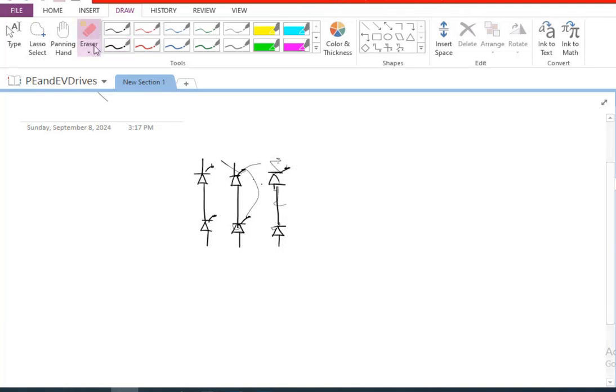This is going to be the SCR converter and I'm going to connect it to R, L and the battery.